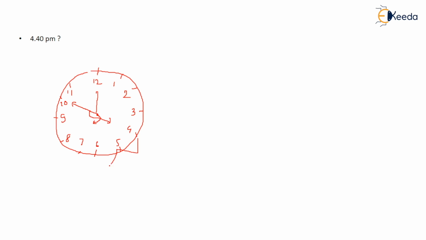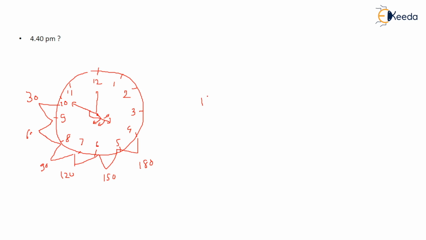So earlier, on assumption, the angle should be 30 plus 30, that is 60, 90, 120, 150 and 180, right? But as the hour hand will move in this direction, the distance will be reduced. How much will it reduce?